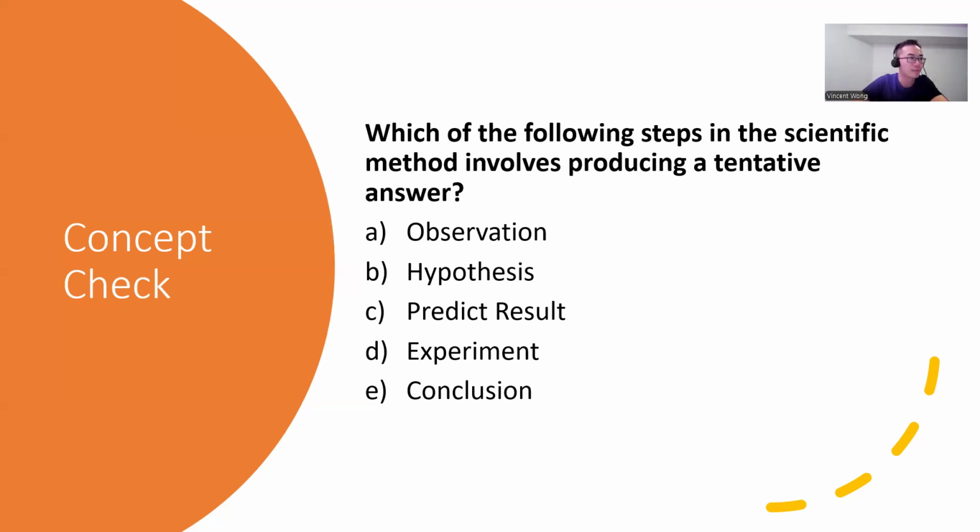Okay, thank you for those of you who participated. Which of the following steps in the scientific method involves producing a tentative answer? We wrote this down earlier. Tentative answer would be a hypothesis.